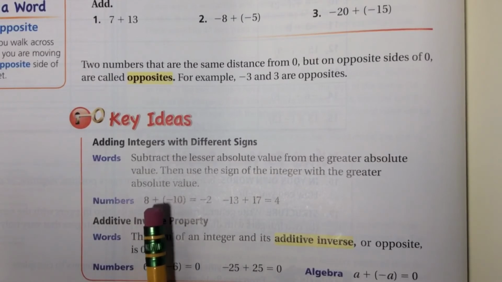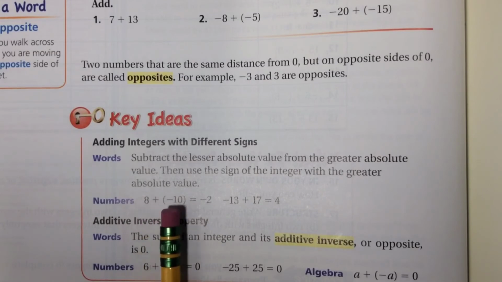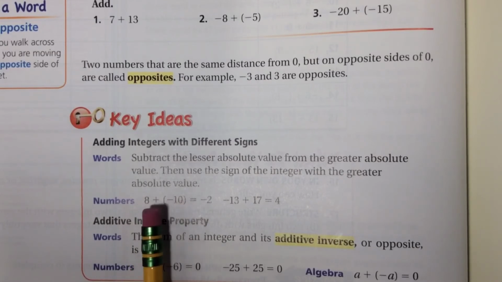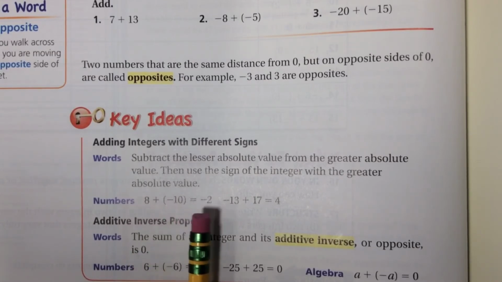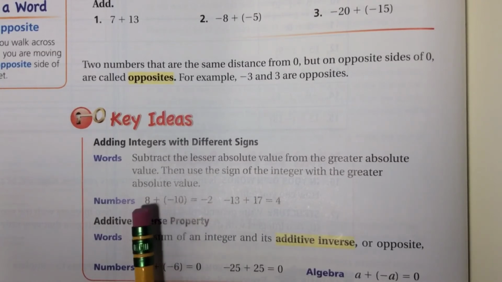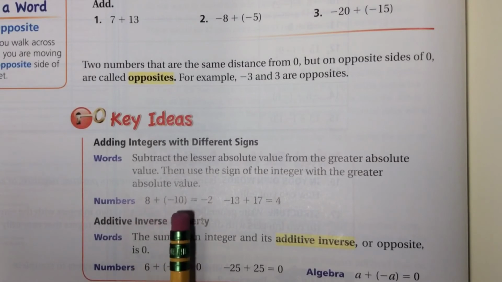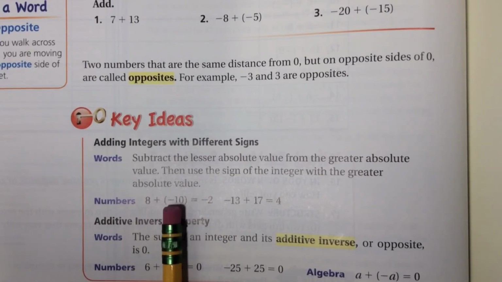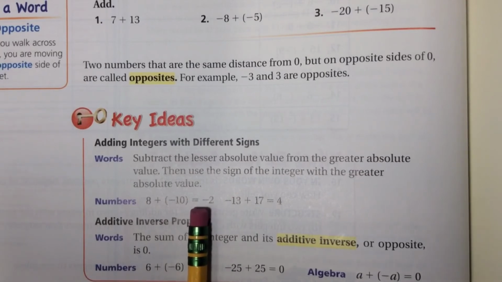I have a positive and a negative. So what I do now is I subtract the number parts. And 10 minus 8 is 2, so I get a 2 over here. And I keep the sign of whichever number part was bigger, the greater absolute value. So the 10, there are more negatives here, so it wins and it gets to keep its sign.